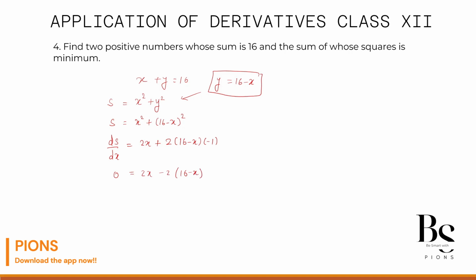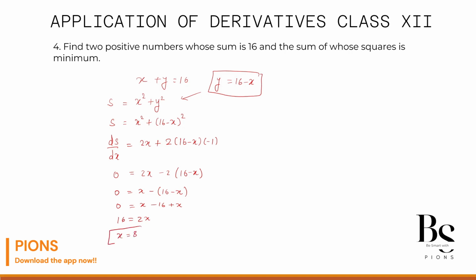Now let's divide the whole thing by 2. So this will be 0 equals x minus 16 minus x. Now let's open it. This will be x minus 16 plus x, minus minus plus. So x and x, 2x. So 2x minus 16, I am taking on the left hand side. I'll write it as 16. So x is equal to 8.